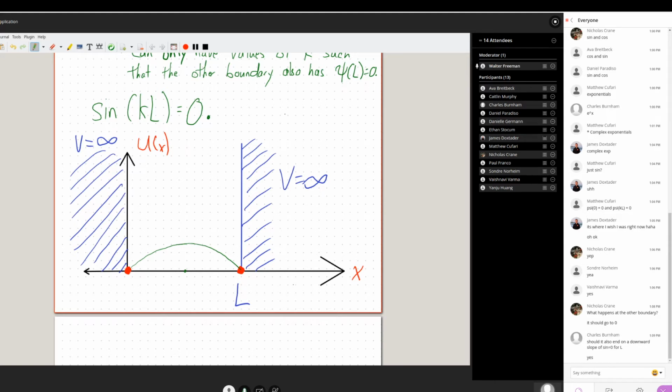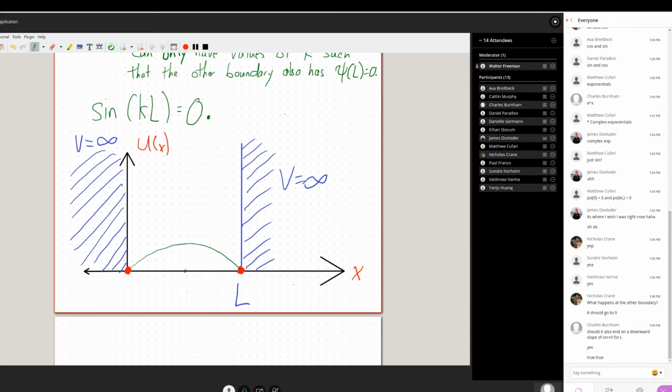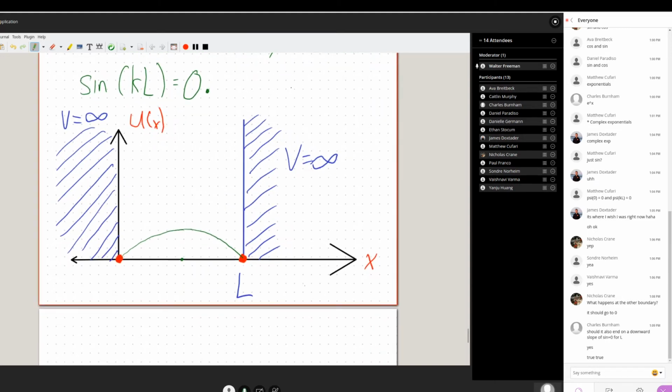The reason we emphasize this, the reason this is so profound in the acoustics concept, like thinking about guitar strings, is because it's the same solution as here.